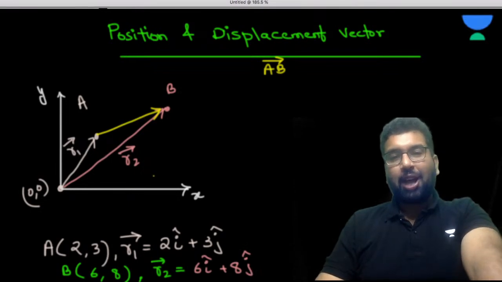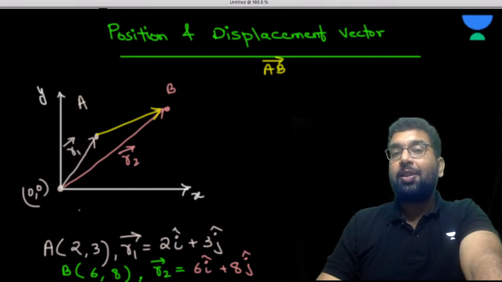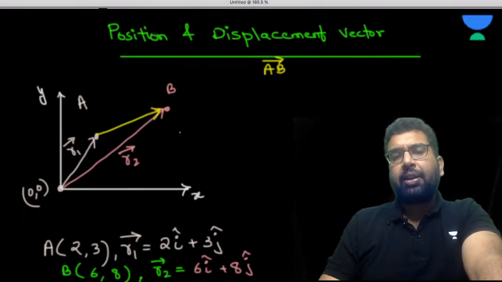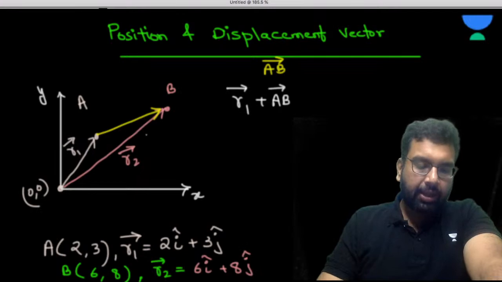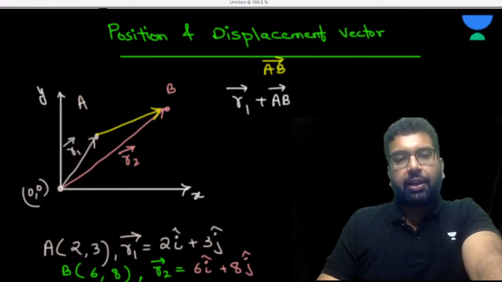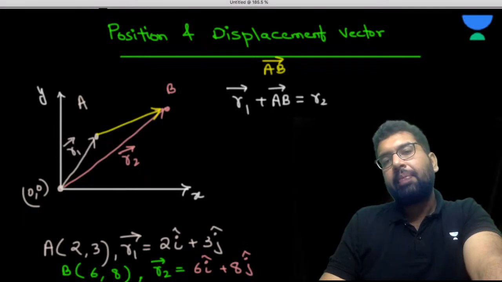So, sir, how can we sort this out? Very simple. We have just seen the law of triangle. Let's keep it as AB vector only. From the law of triangle, if two vectors, R1 vector and AB vector, are given by two sides of a triangle taken in the same order, then the resultant will be given by the third side taken in the opposite order.